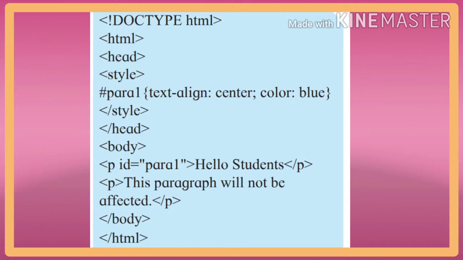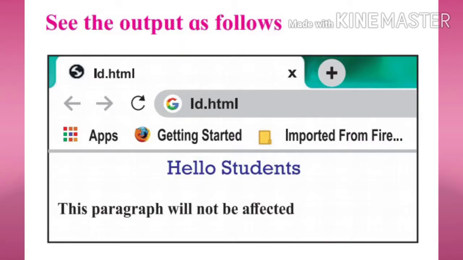In the body section, we use this declared para1 ID in the p tag with the ID attribute. In this example, the paragraph tag is used in 2 lines, but the content of the first paragraph line will change because we used the ID selector in the first paragraph only. As a result, the text "Hello student" will display in blue color and aligned to the center.